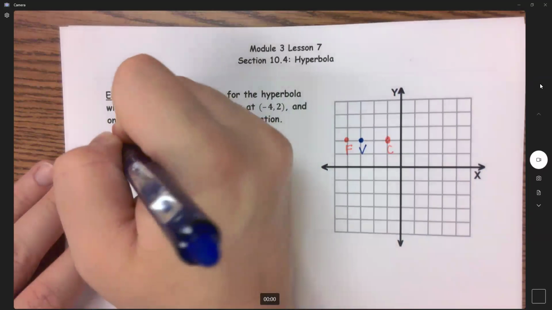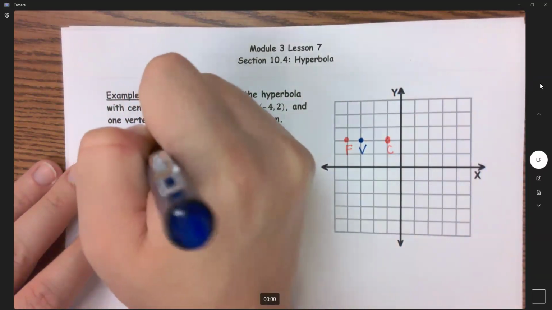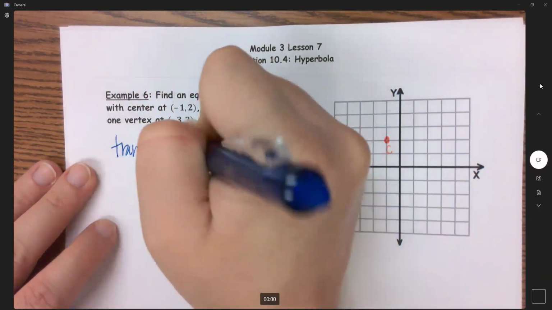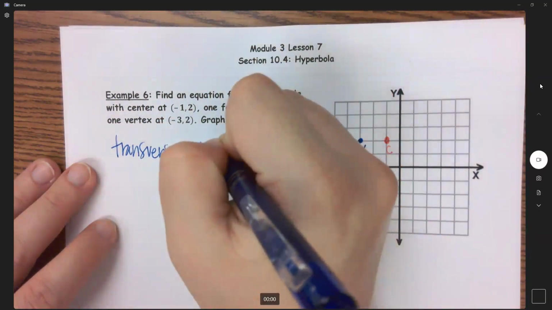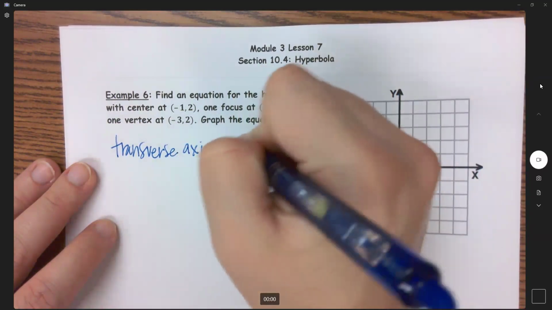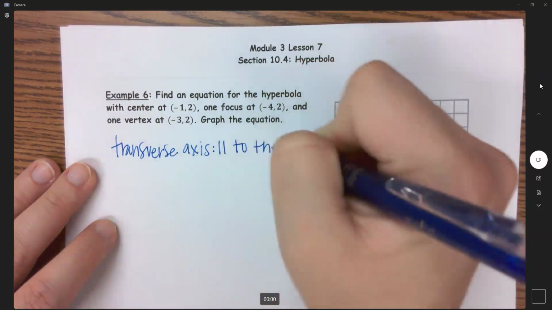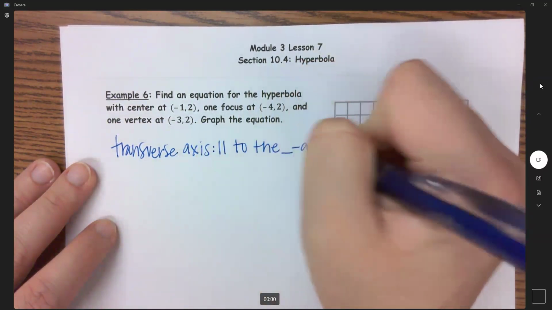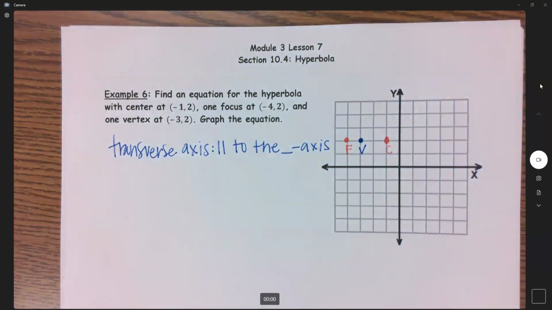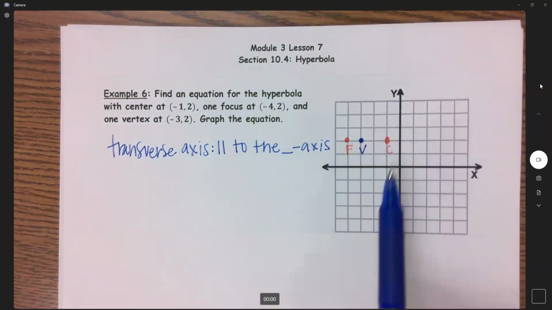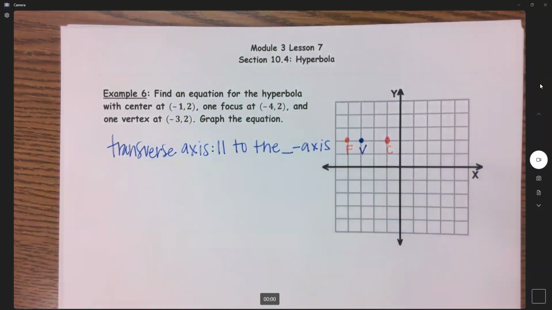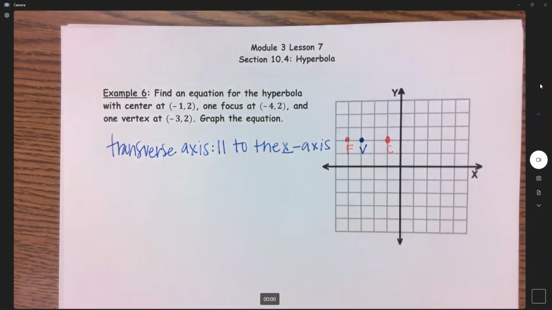So first off, we have to start by asking what is that transverse axis? Our transverse axis is going to be parallel to the what axis here? Well, because these are all in a line parallel to the x, it's got to be the x-axis.